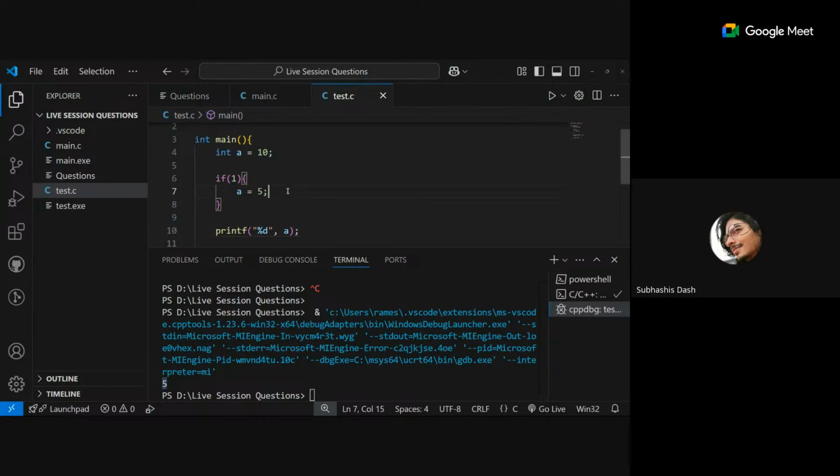So the reason is, one second. Okay, sorry about that. But yeah, the reason that this happened is because we had declared it outside of this one, but we updated it within the condition.